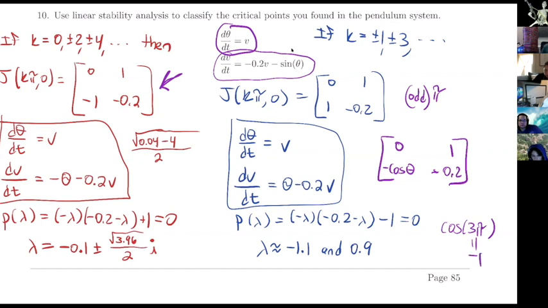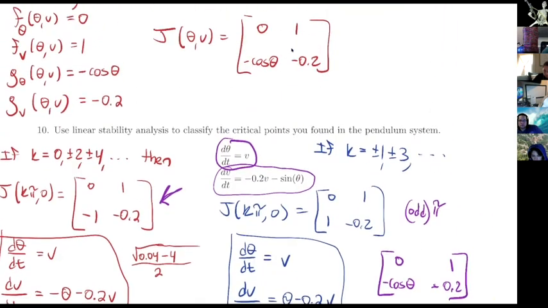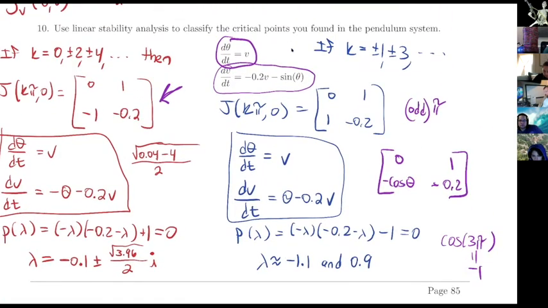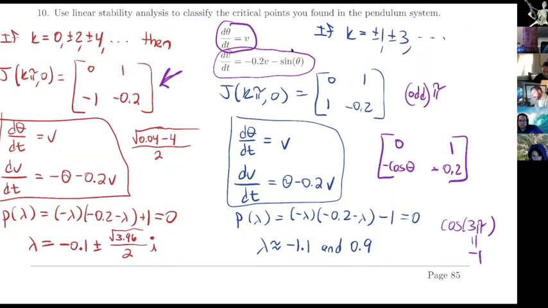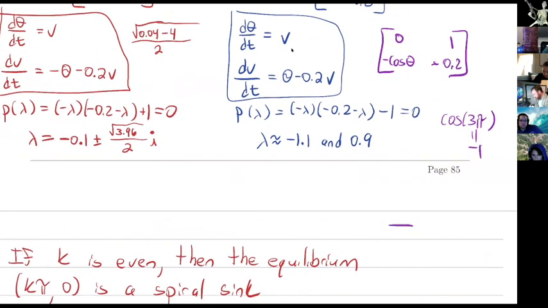And so if k is odd, then the matrix looks like 0, 1, minus a minus 1, and a minus 0.2.